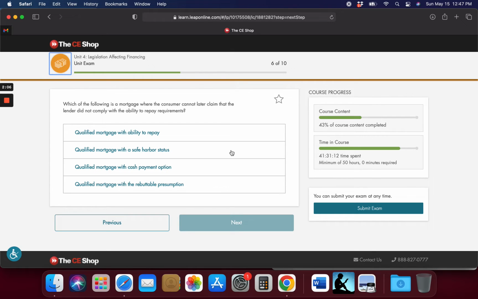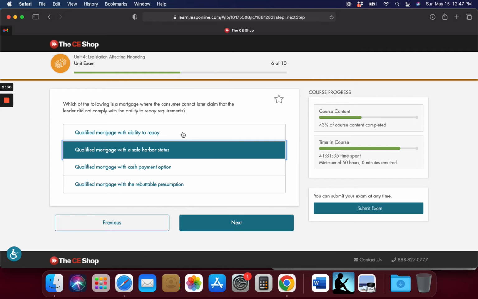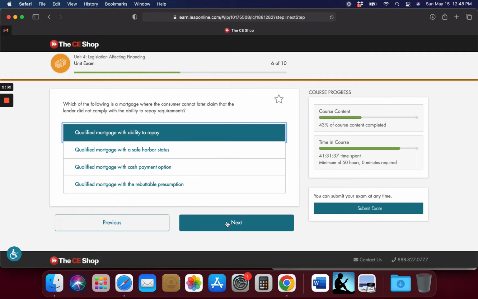Which of the following is a mortgage where the consumer cannot later claim the lender did not comply with the ability to repay requirements? I have no idea. I'm going to say that. That's going to be a guess.